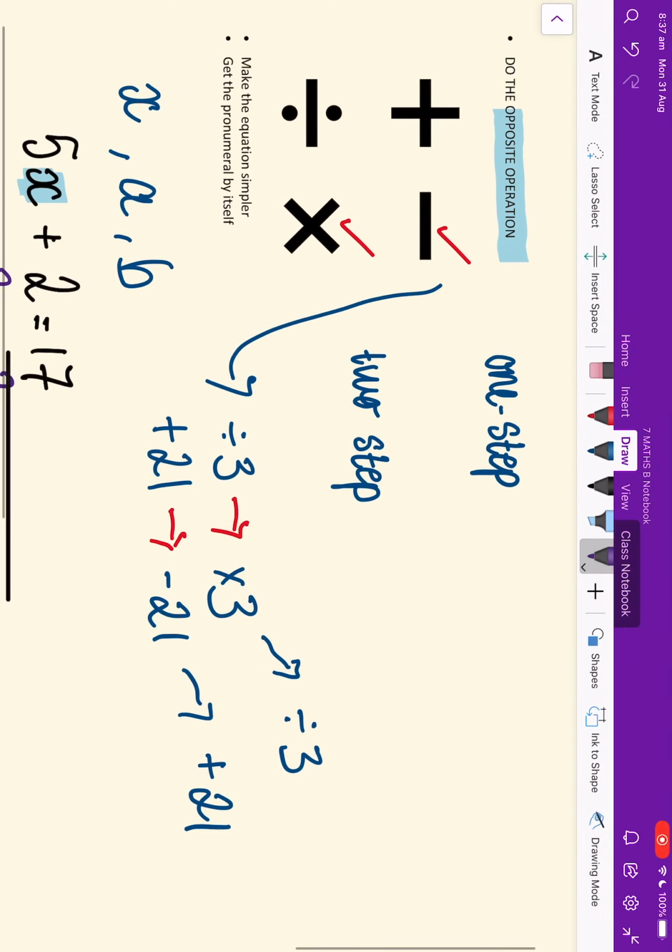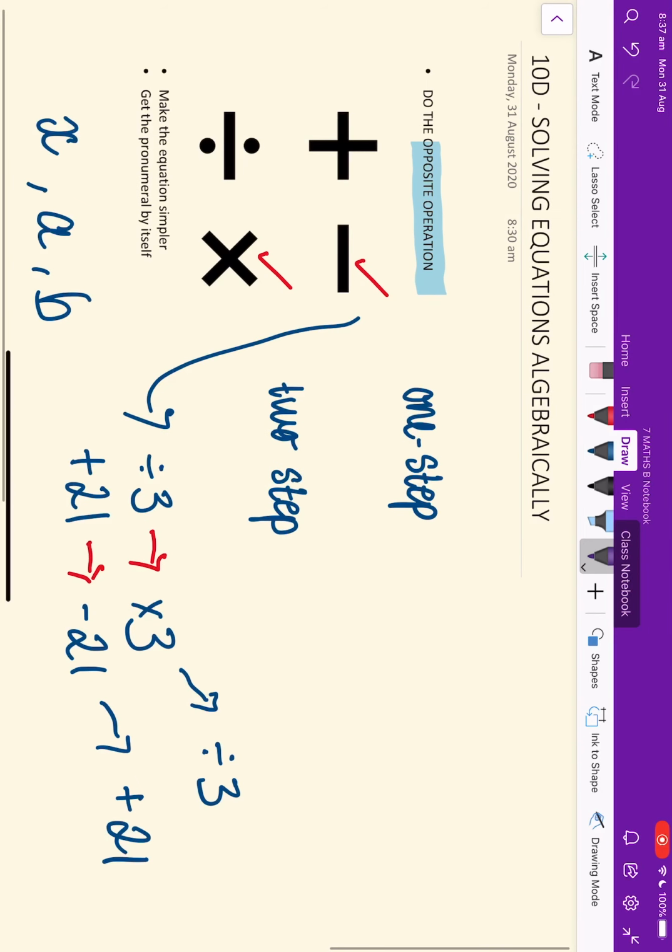Now, before I get started, I want to keep in mind we're going to do 2 types of problems. The first one is one-step equations, and the second one is 2-step equations. With one-step equations, we're just going to do one step, and with 2-step equations, it's going to use an extra step.